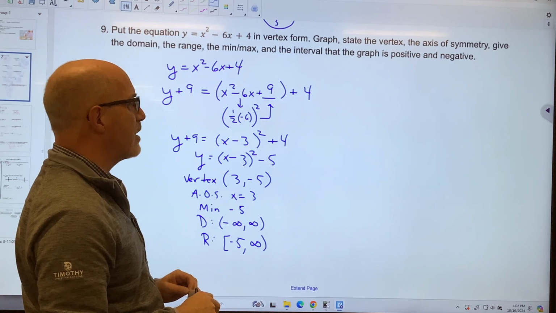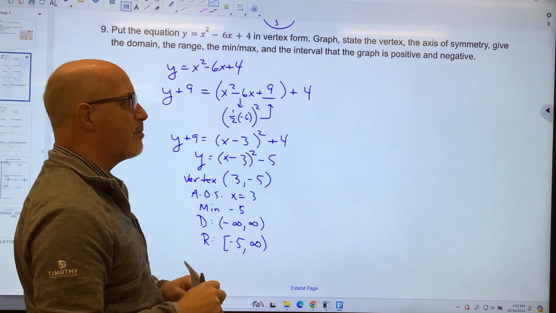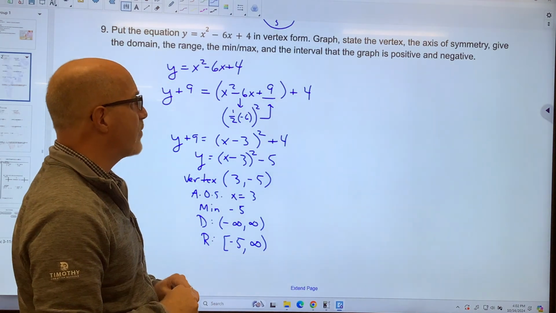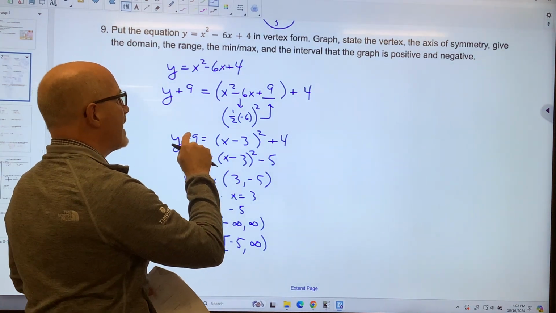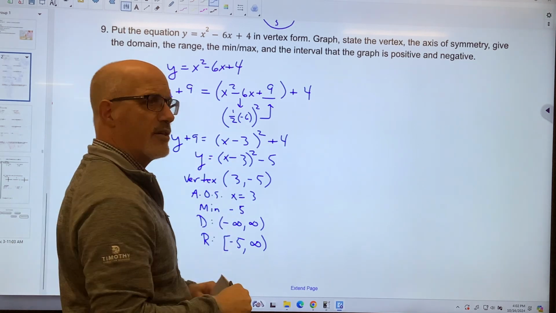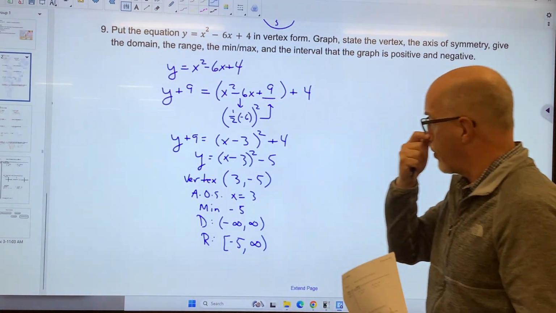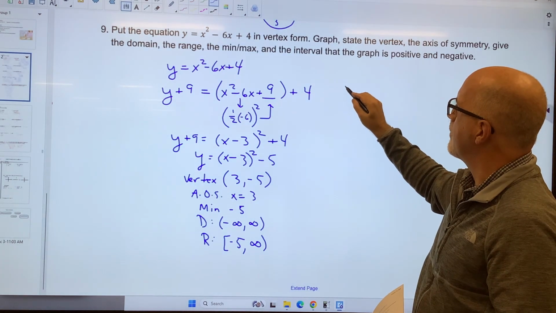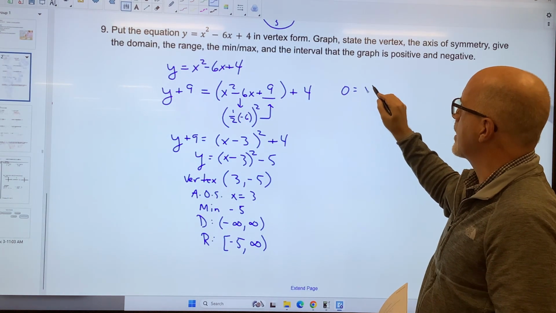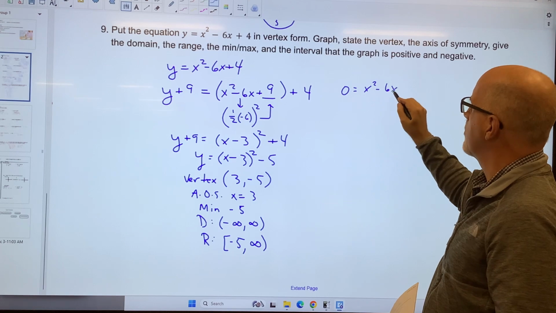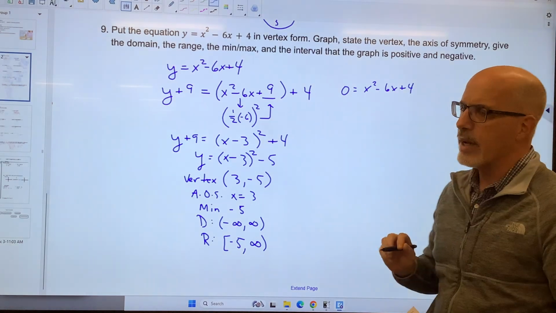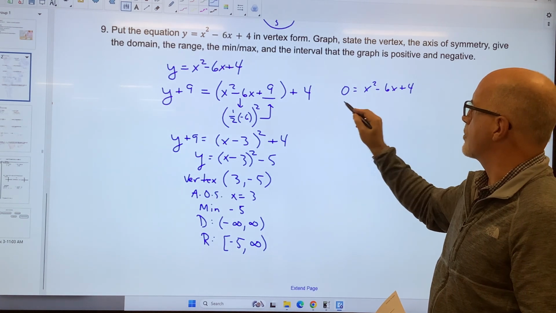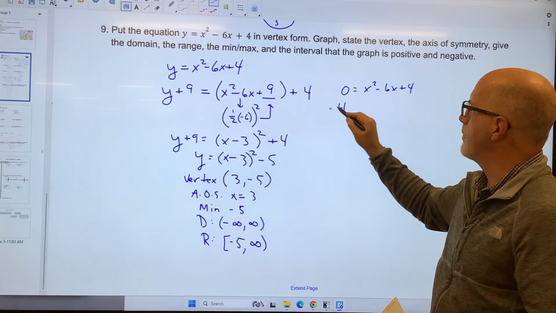Okay, so for that one, you'd have to come up with where the graph crosses the axis. So for this, we need to know, when is this equation equal to 0? So looking at that equation, we're going to come up with two numbers. If we have 0 equals x squared minus 6x plus 4, let's complete the square on this one really quick. Subtract 4 from both sides, we get -4.